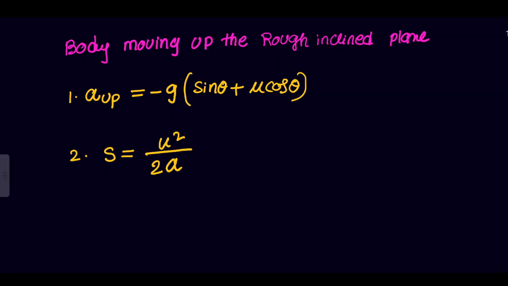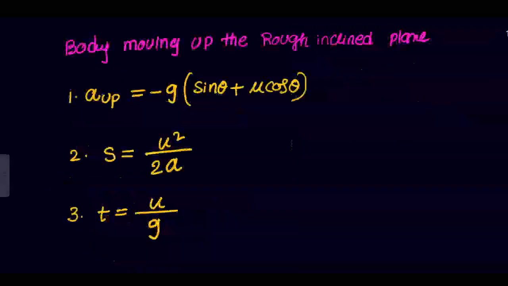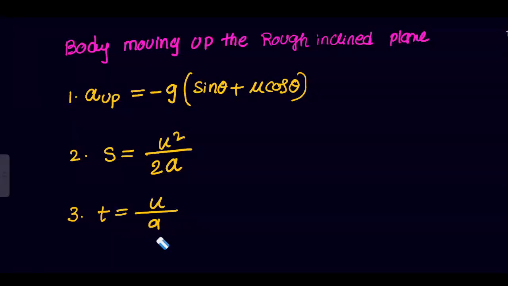Don't consider the sign; the sign only indicates the opposite direction. Next we have time. Time t is equal to u by a, not g. Here a means a up.